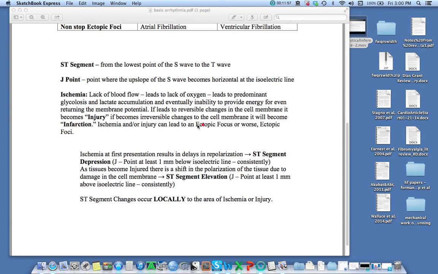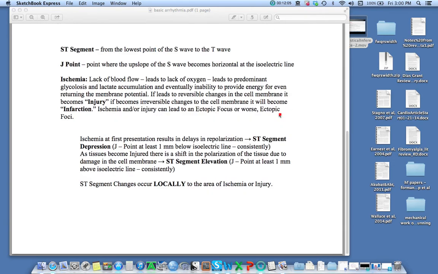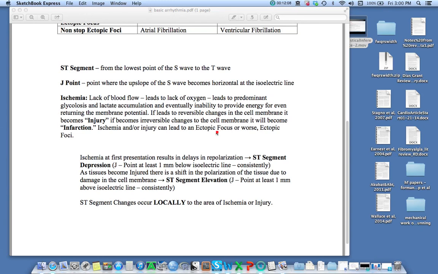Ischemia and or injury can lead to an ectopic focus, or worse, ectopic foci. Now, ischemia can be observed before it becomes an ectopic focus. So before the ischemia or injury leads to the problem of an ectopic focus, it leads to a change in the electrocardiogram.